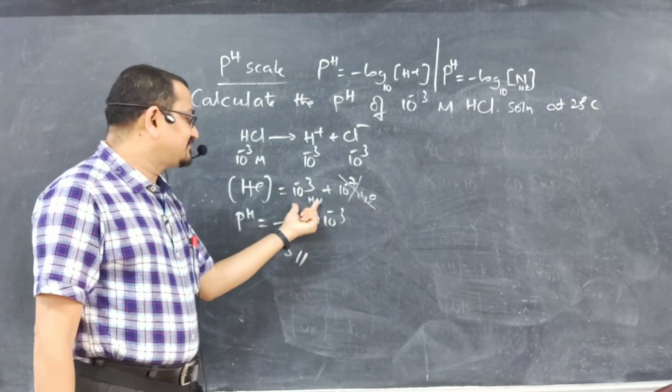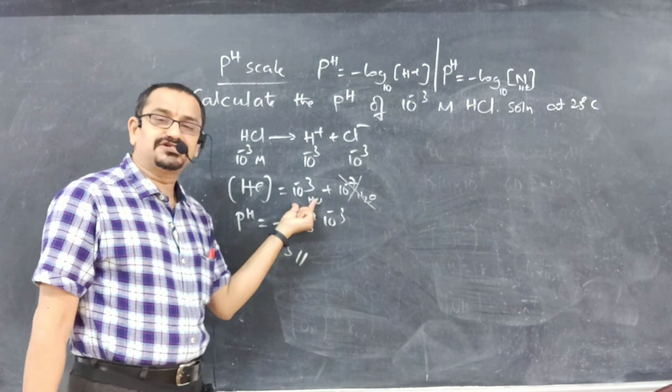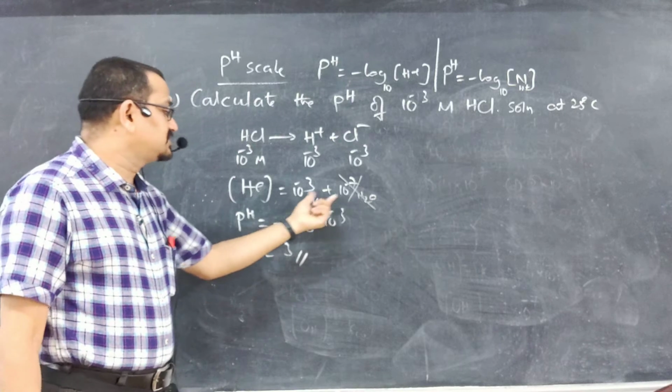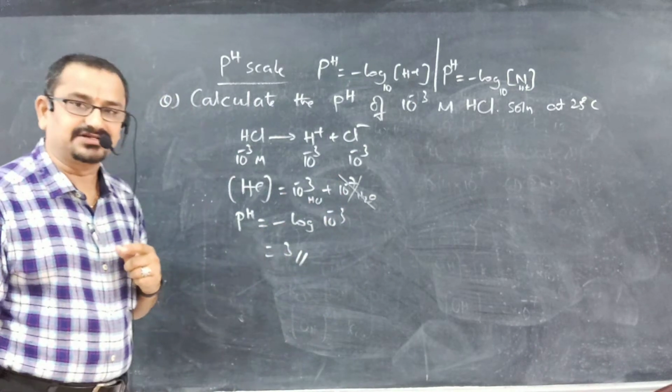Understood? But when this value is almost near to this value, when H plus concentration coming from acid is almost near to that of water, in such a case we should not neglect. Understood?